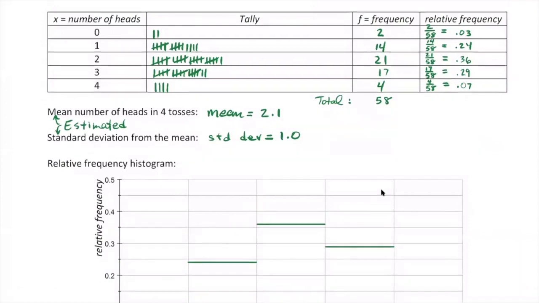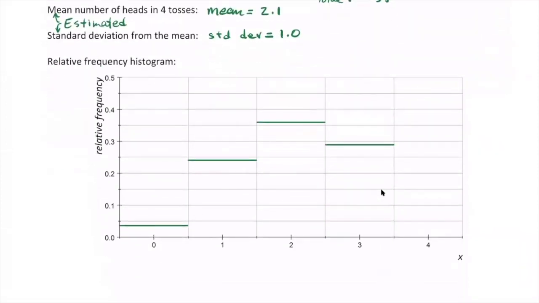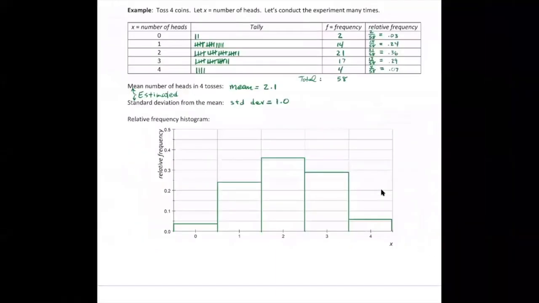Then a 0.07. Nice sort of a bell shape. And I can put those numbers on there, I guess.